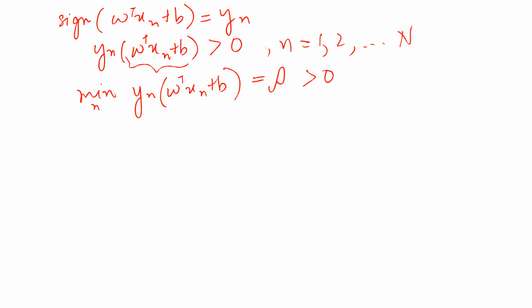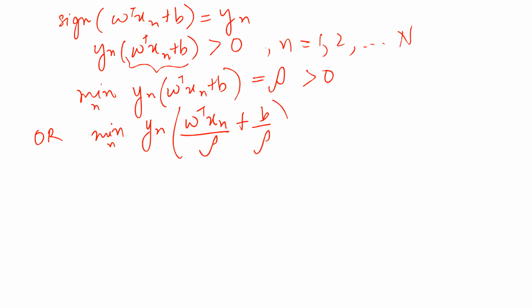Or we can rearrange things and get something like this: yn times W transpose xn over rho plus b over rho equals 1. Now, if we look at this W transpose term first and then this term, these are a new set of weights.